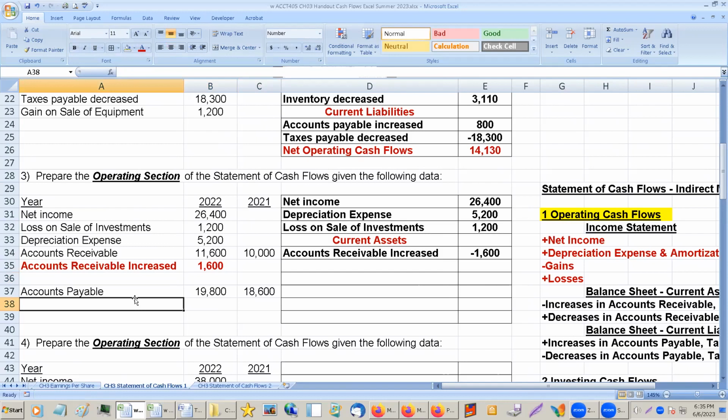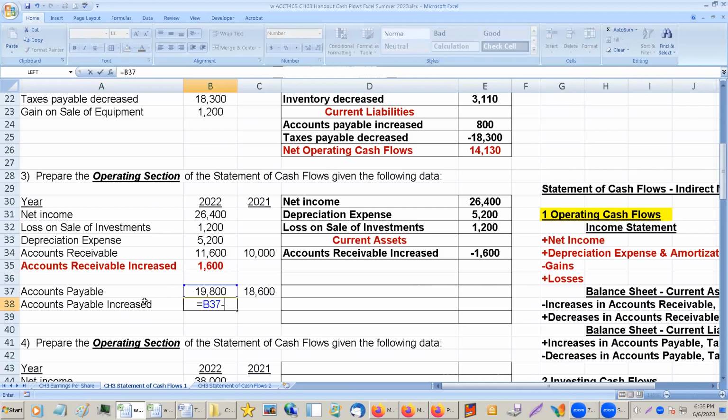And we're gonna do the same thing down here. Accounts payable. Accounts payable also increased. Same amount? Nope.